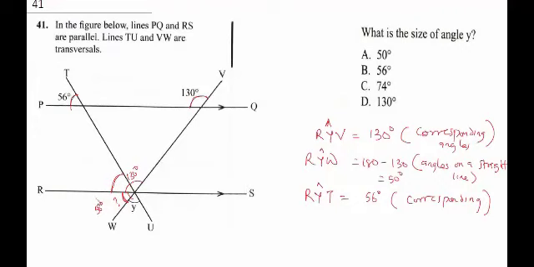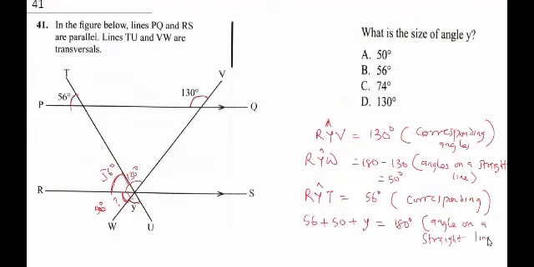Now, having known that here it's 56, here is 56, and here is 50 degrees, and we have here as Y. Look at this, you see that it's angle on a straight line. So you can see 56 plus 50 plus Y is supposed to give us what? 180 degrees. Our reason is still angle on a straight line.